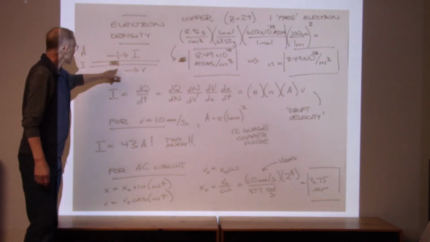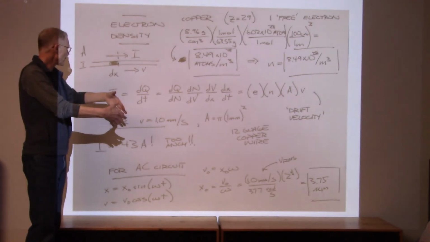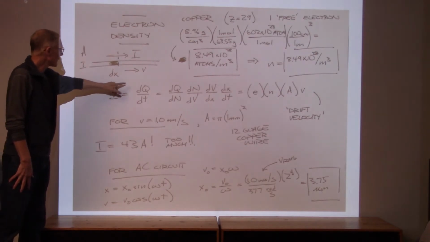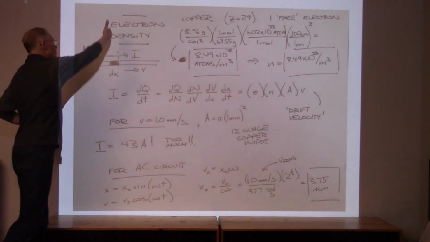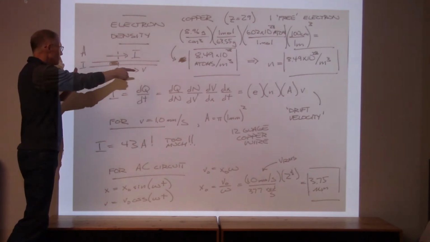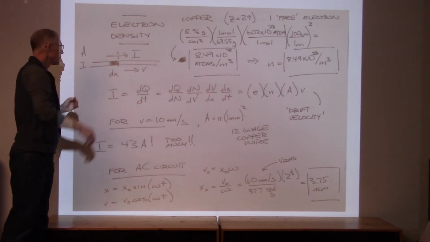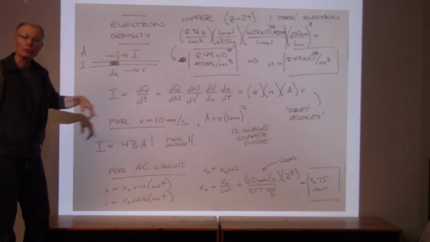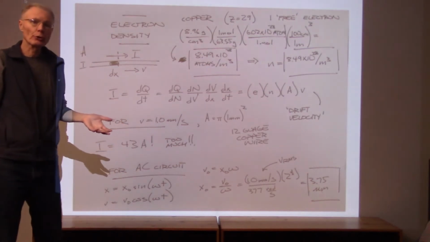It's got a length of dx and a cross-sectional area of A. Remember, the current can be written as dq/dt. If I draw a line right there and stand there and watch the current go by, I can count how much charge goes by during a certain time interval. That gives me my measurement of current.